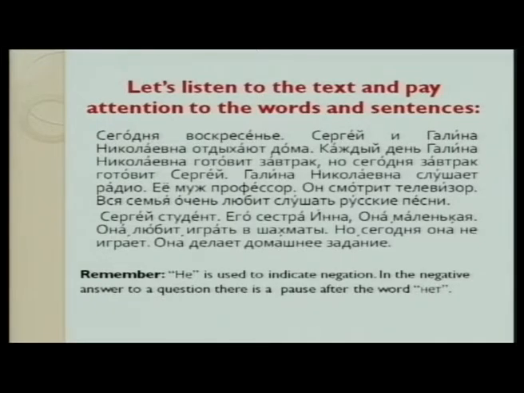If we pay attention to the sentence Сергей и Галина Николаевна отдыхают дома, here the verb отдыхать has been conjugated according to the fundamental rule applied. Please pay attention to the next sentence. Галина Николаевна готовит завтрак. Here the verb готовить is being used and conjugated.